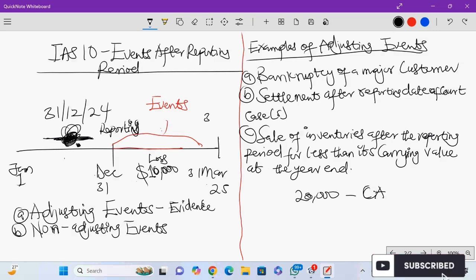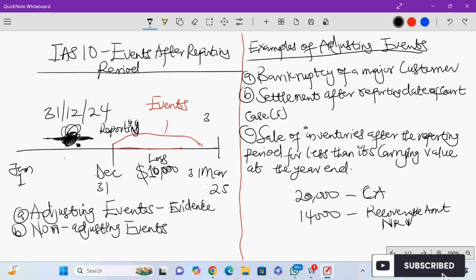After December 31st, we sold this inventory for, let's say, 14,000. So this is the recoverable amount, or the net realizable value. So we are saying that this transaction needs to be adjusted. It's an adjusting event.